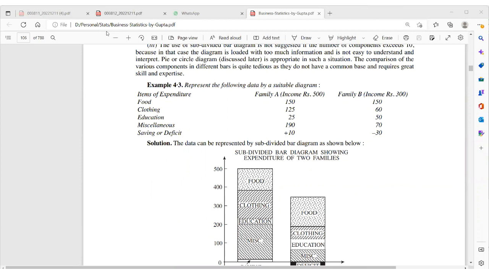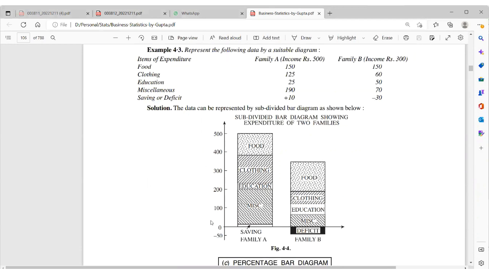Yes. Now, this one. This is subdivided. What we do, we subdivide the single bar diagram into this.